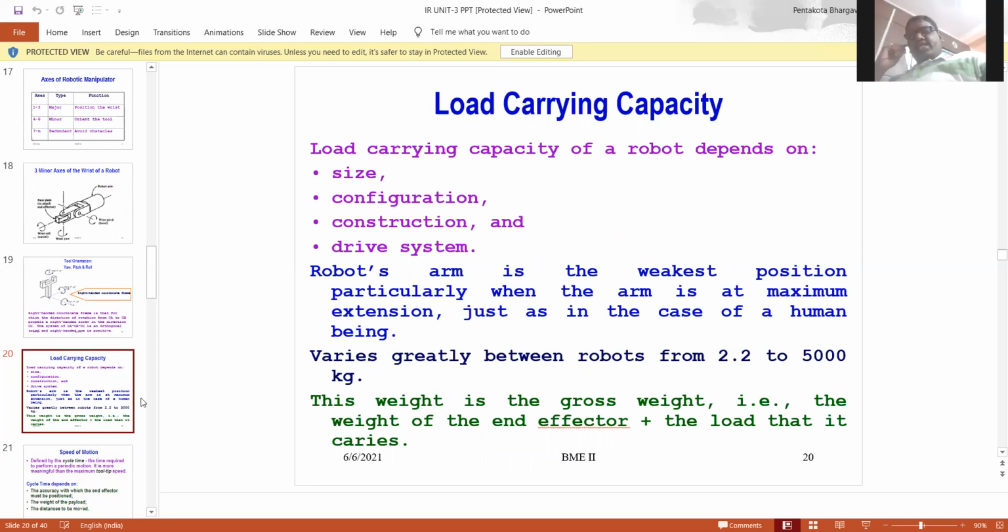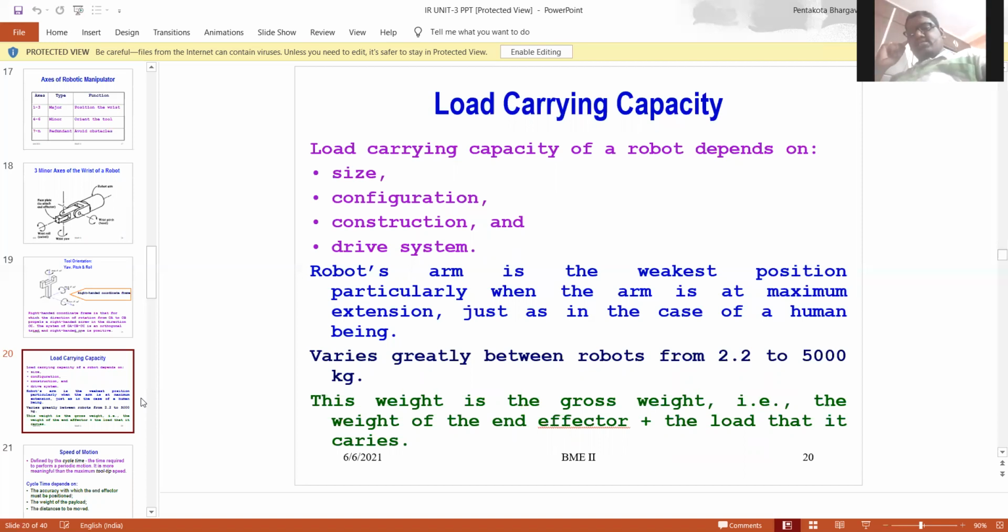The load carrying capacity of a robot depends on its size, configuration, construction, and drive system. The robot arm is weakest when it is at maximum extension, just as with a human being, and capacity varies greatly between robots, from 2.2 to 5,000 kgs.